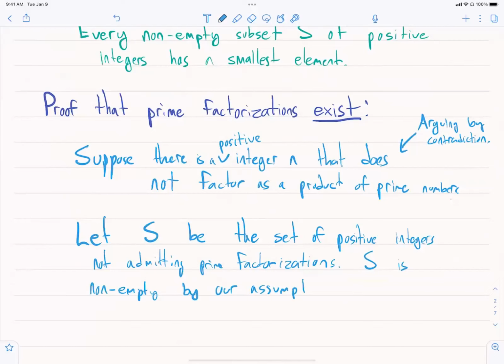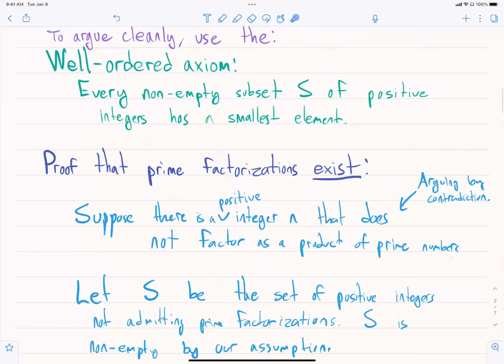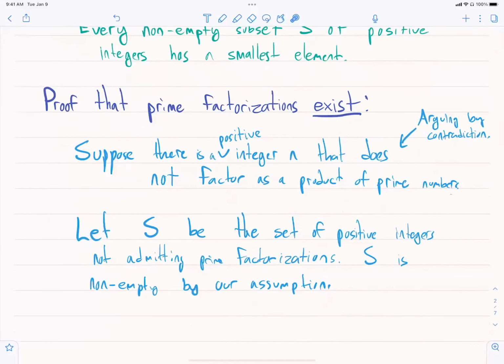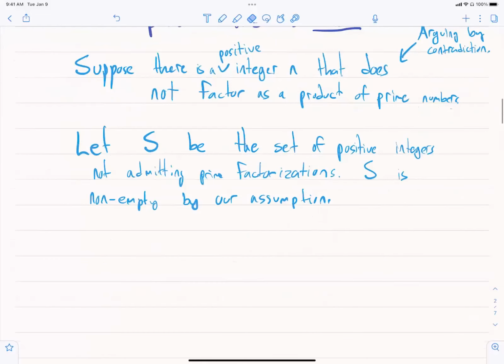So this is the key step. To apply the well-ordered axiom, it's not just any subset of positive integers, it's a non-empty subset. So that's where we're going to use our assumption. We assume that there is some integer without a prime factorization. And so that means the set of all such integers is non-empty. So, okay, let me say that here.